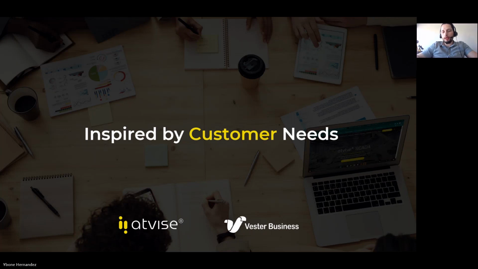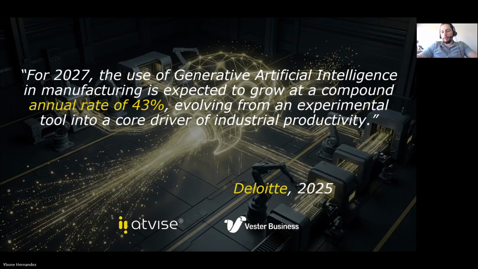So what we've seen is that the industry is looking for this type of application. In fact, there is a study saying that by 2027, the use of generative artificial intelligence in manufacturing is expected to grow at a compound annual rate of 43%. Obviously, this is a study. Not always do those studies fulfill expectations, but what we've seen from customers is that this is actually growing.